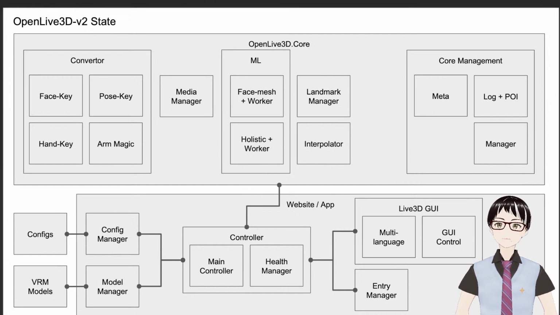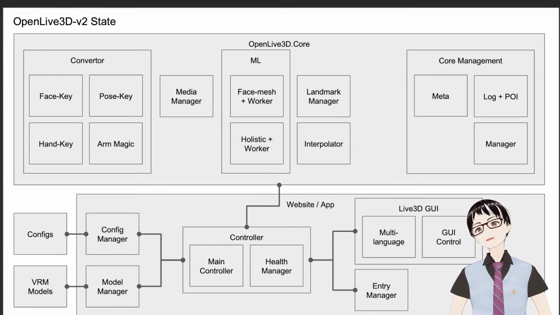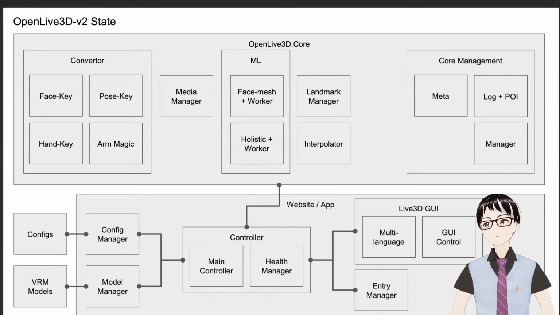Currently, we are utilizing the worker function in the browser, the JavaScript HTML support, to open up a new thread for either the face mesh or holistic machine learning function.